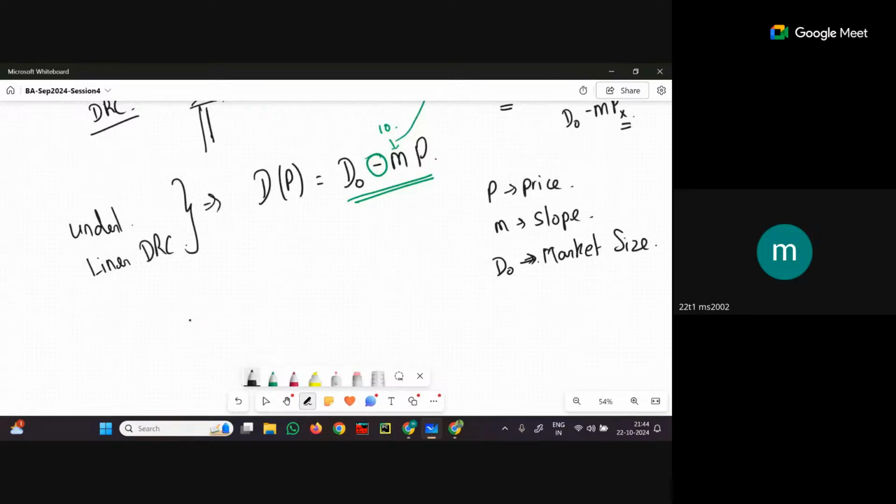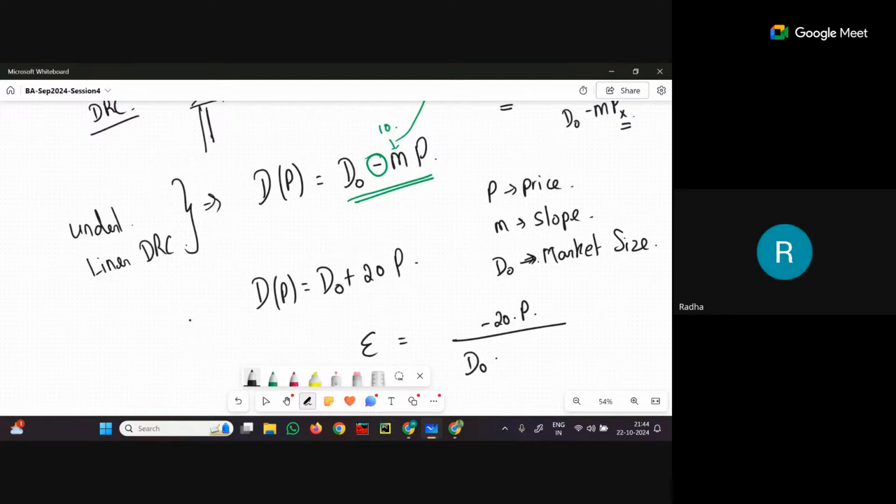Now, if I give you a curve like this, D0 plus, let's call it, plus 20 into P. What will be epsilon? What will be the formula for epsilon? MP, M is minus 20 into P, P by D0 minus minus 20 P. Okay.